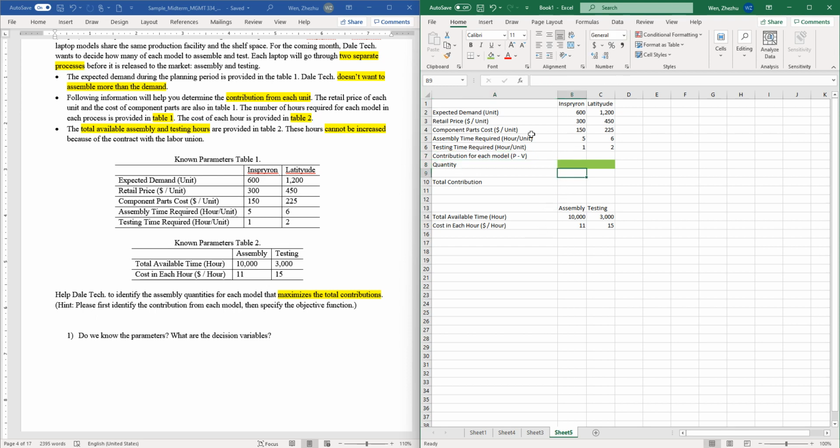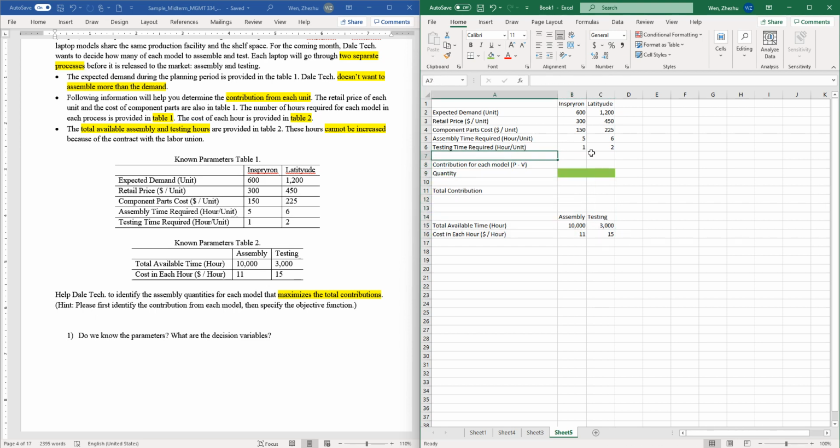All these components are one big part of the variable cost. We also need labor cost, which is the other half of the variable cost. Although it is not provided immediately, we can calculate it using the information provided.